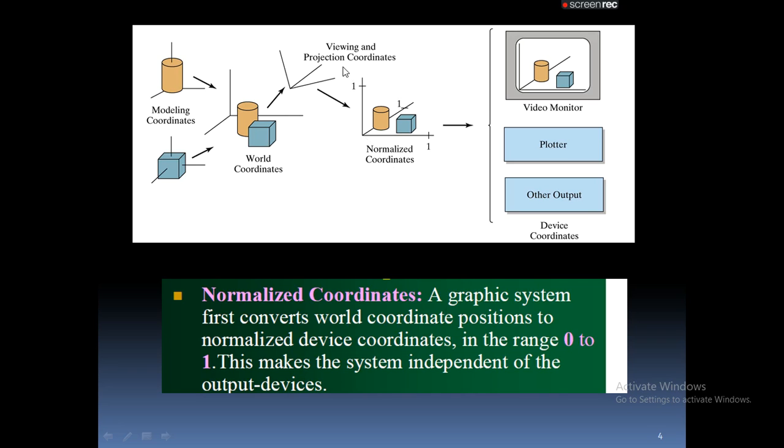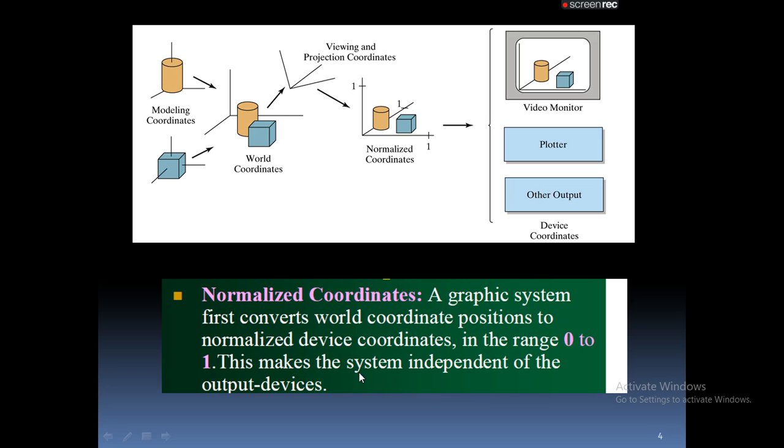When you map your viewing coordinates to normalization coordinates, the object becomes device independent. In other words, when you perform normalization, the image becomes independent of the output device.